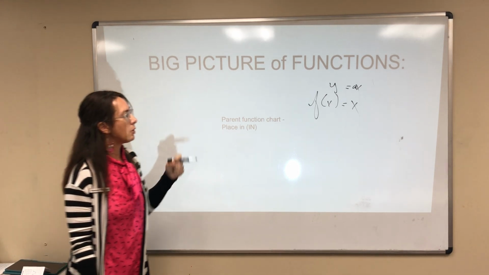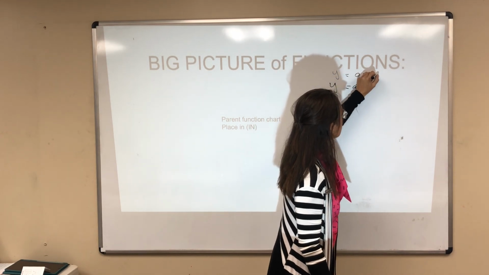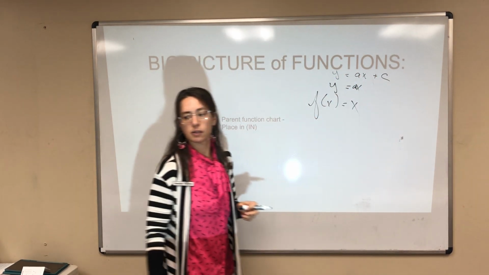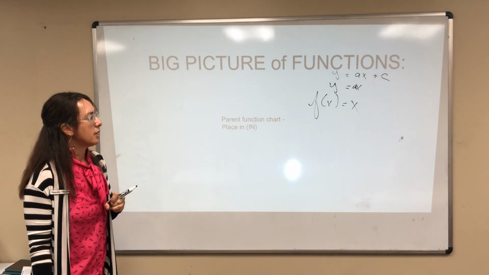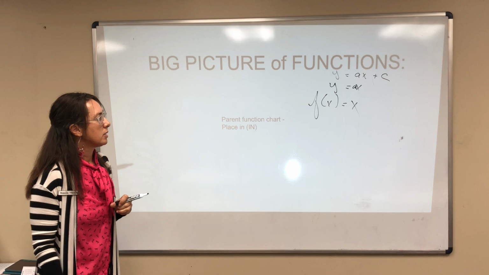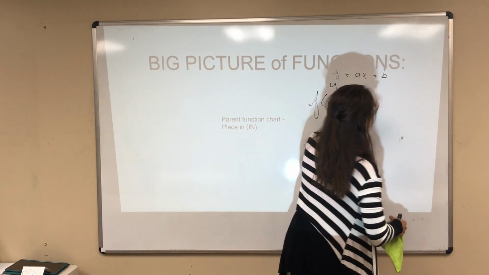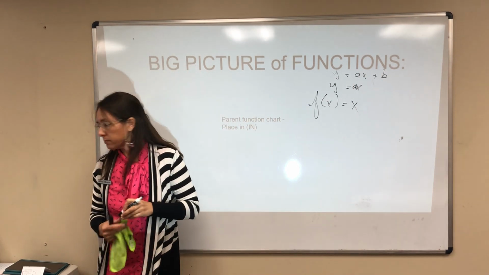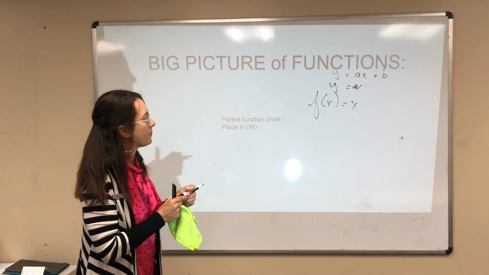Then I would also like you to write y equals ax plus c. Actually, let's change that to b, because they're going to use that for the y-intercept: ax plus b. Sorry, that's why I use pencils.